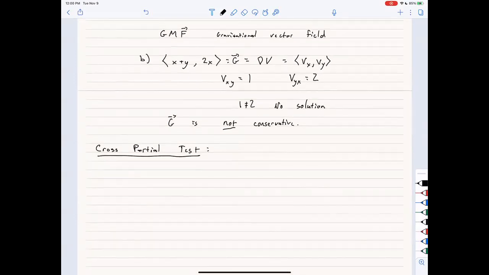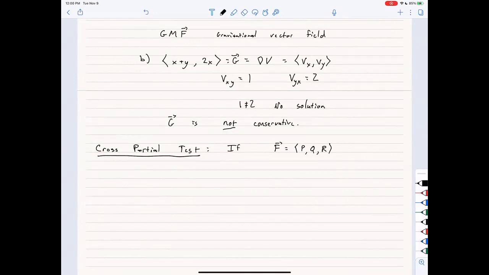So I'll do this for 3 dimensions, but of course we just did it for 2 dimensions. You can do it in 2 dimensions, it's a little easier. So if my vector field F, I write it as P, Q, and R, each of these are functions, not constants, not points.